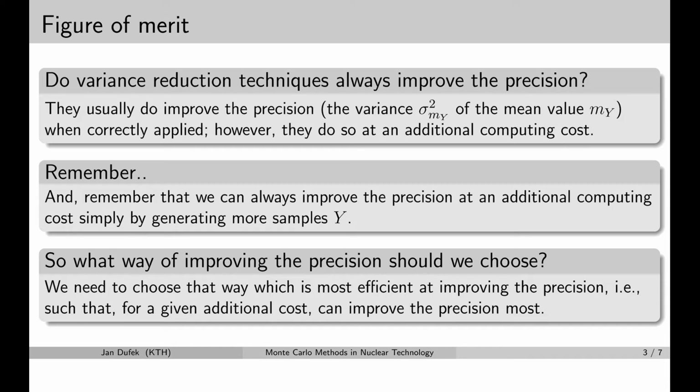So using the variance reduction techniques really makes sense only when we are sure that they could improve the actual computing efficiency. So for this reason we need some simple way to evaluate the computing efficiency and to compare the efficiency of the standard Monte Carlo calculation to the calculation which uses the variance reduction technique.